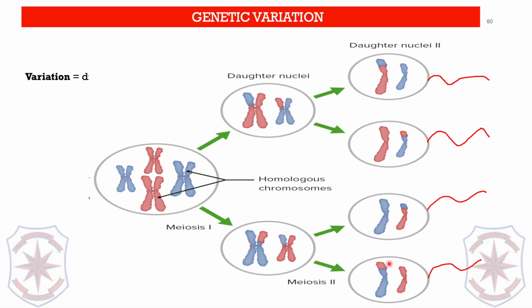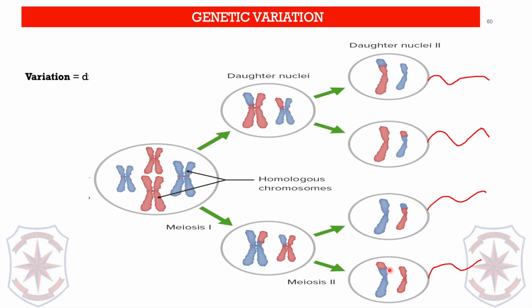Remember, we said that we have 3 functions or significances of meiosis. Number 1, meiosis produces gametes. So in this instance, these are 4 sperm cells, the male gametes. Secondly, it ensures that the gametes are haploid. They contain only one set of chromosomes.